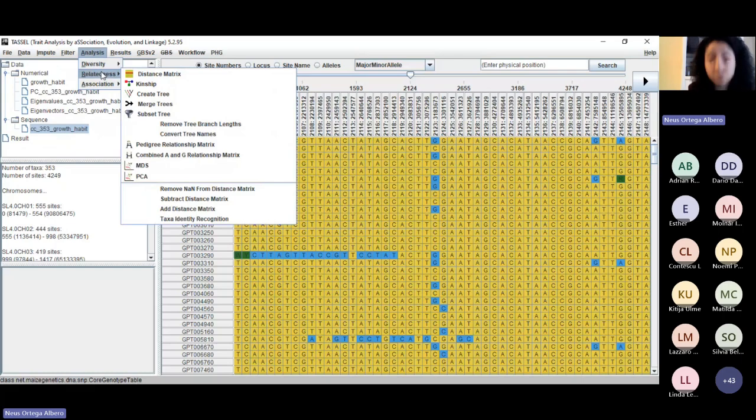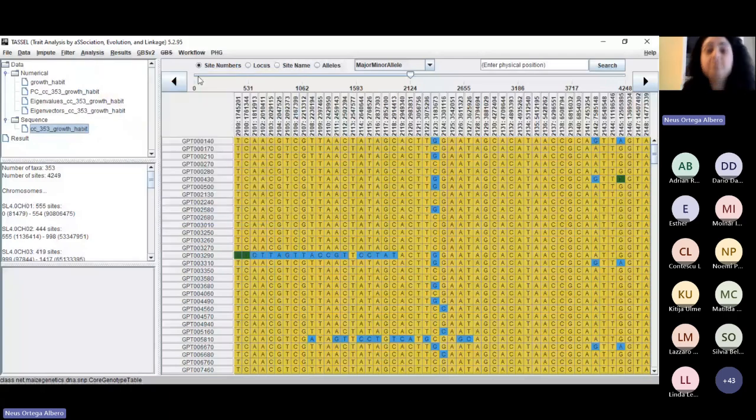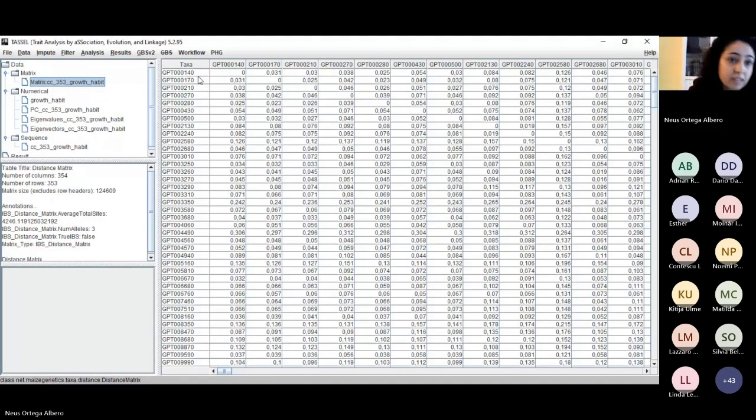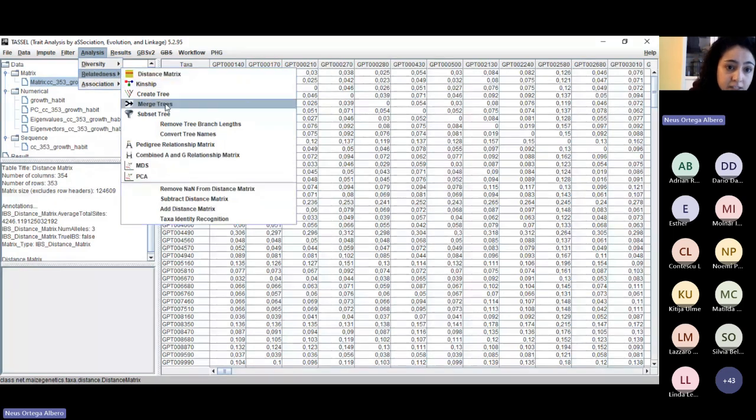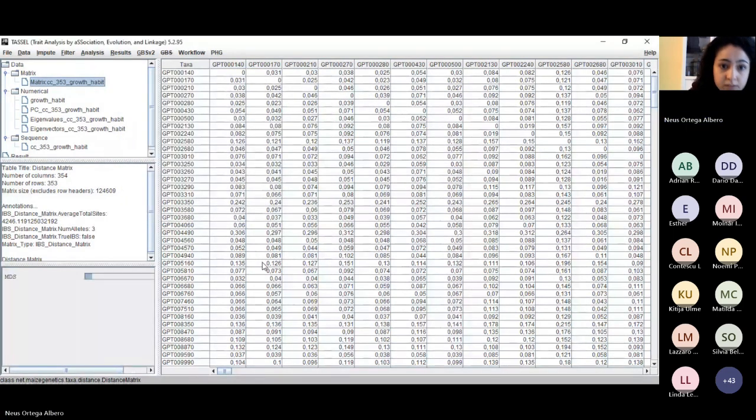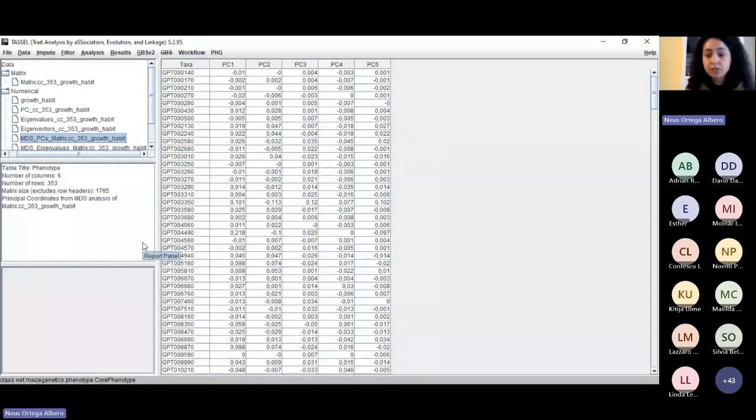So to tell the program that these relationships can occur, we do a distance matrix, calculating the distances of each individual with the rest of the individuals, and then an MDS. In this case, we are just telling the program to have in mind that these individuals have this relationship, and this can cause bias. So avoid the bias caused by these relations.